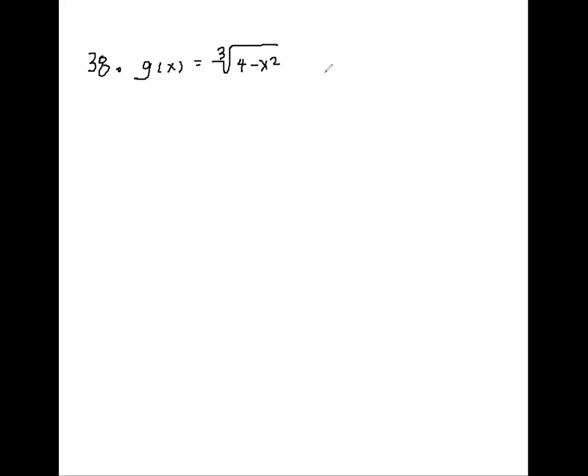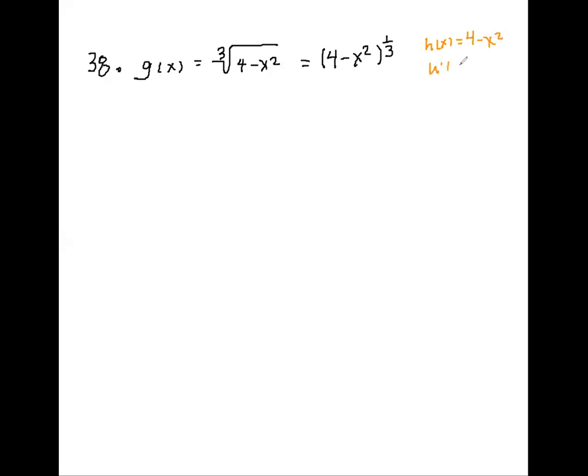Yes. So I would go ahead and rewrite this as 4 minus x squared to the 1/3. And then I'm going to set up my chain rule. I'm going to say my internal function is, I'll call it h of x, which is equal to 4 minus x squared.